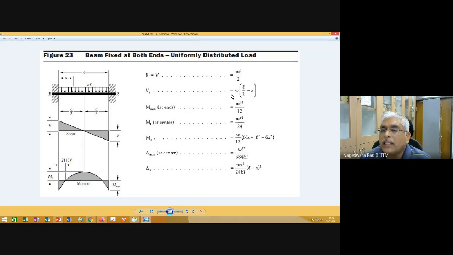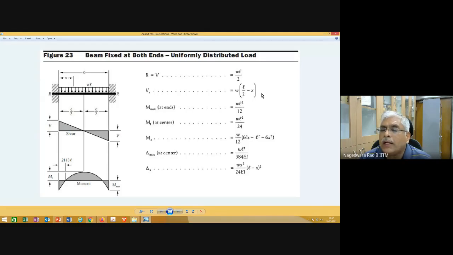So for these relations, shear force, bending moment, displacement, whatever expressions are given here, if you want to write them in terms of S, wherever X is there, replace that with S times L. Please do that, and you get the relation in terms of S. You need to do all this because in structural analysis books, they may be using the coordinate system origin differently.